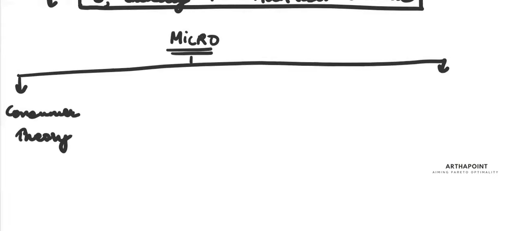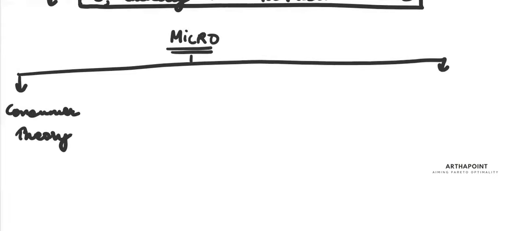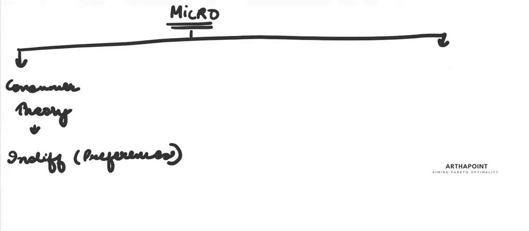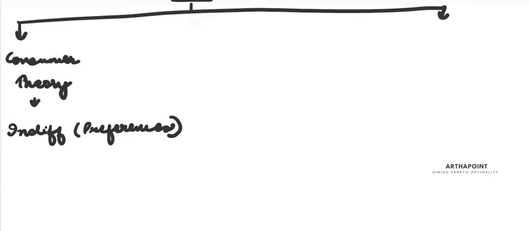When I talk about consumer theory, my aim is to do what we call indifference curves. It is known as the chapter on preferences. Then we link the indifference curves to 2 very, very important concepts. One is called Marshallian and one is called Hicksian.